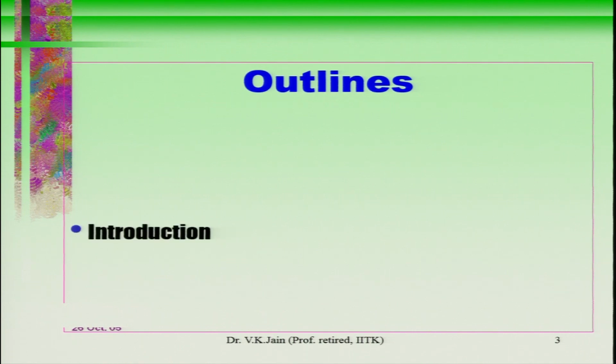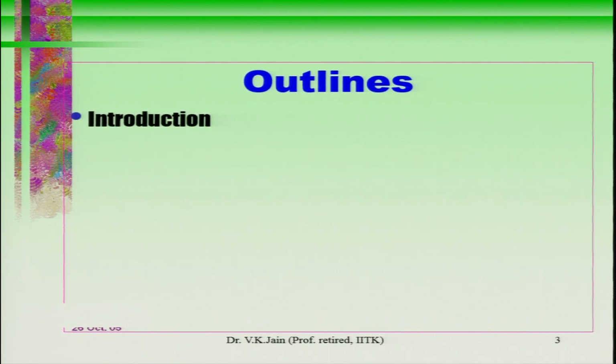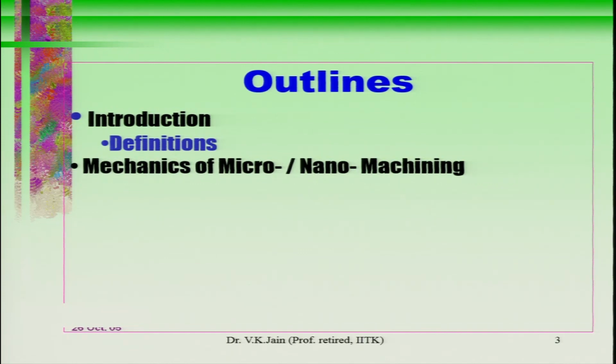Now, the outline of this particular lecture is as follows. First, I will give you the introduction to diamond turn machining, and then certain definitions related to diamond turn machining.